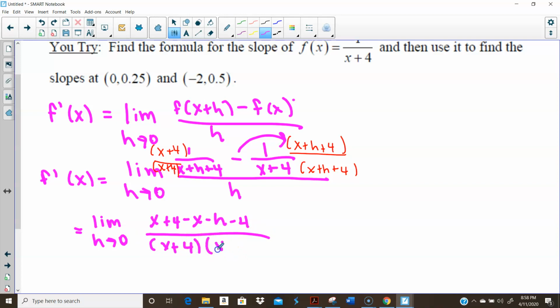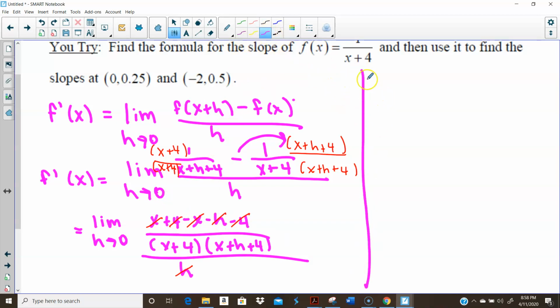That would be way too much work. x plus h plus 4, all over h. So what we're hoping for is things are going to cancel. So negative x and positive x cancel, 4 and negative 4 cancel. And so now this h will cancel with this h, giving me just negative 1 in the top.